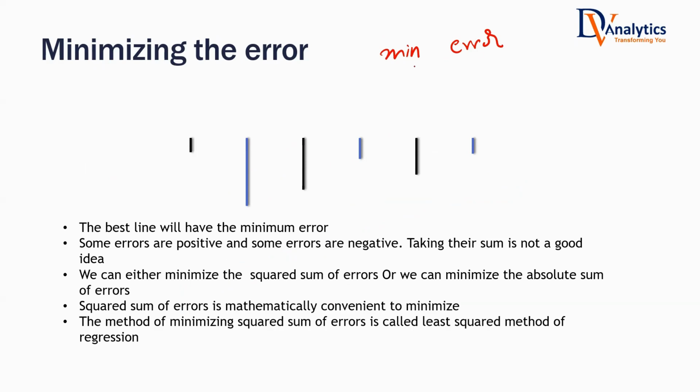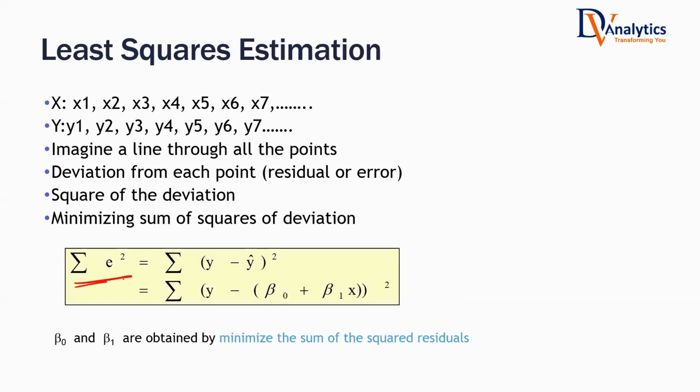Instead of minimizing the direct sum of errors, what will we do? Minimize the sum of squares of errors. If you minimize the sum of squares of errors, then you will have the best regression line. What is an error? Y actual minus y predicted. Usually y actual is denoted by y, and y predicted is denoted by y hat.